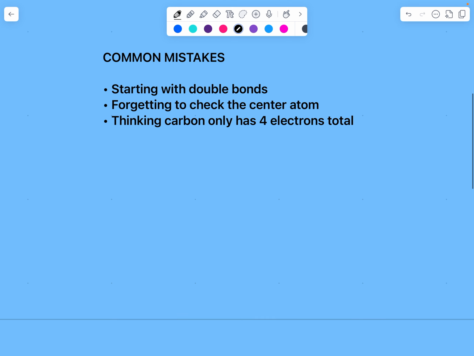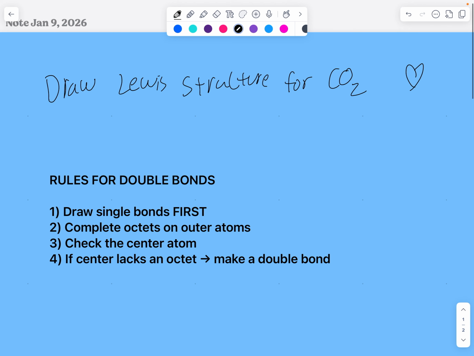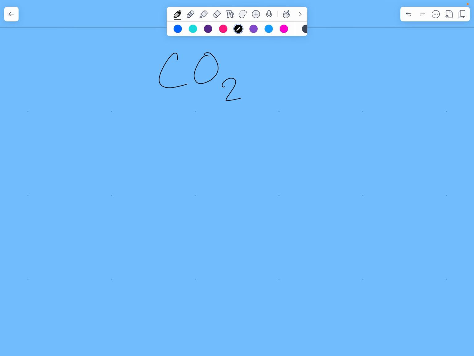So, if you look at it, we have to draw a Lewis structure for CO₂, right? If you look at your periodic table, you would know carbon and oxygen. So carbon has 4 electrons, oxygen has 6 electrons. That's something you would just get out of your periodic table. I have 2 oxygens though.